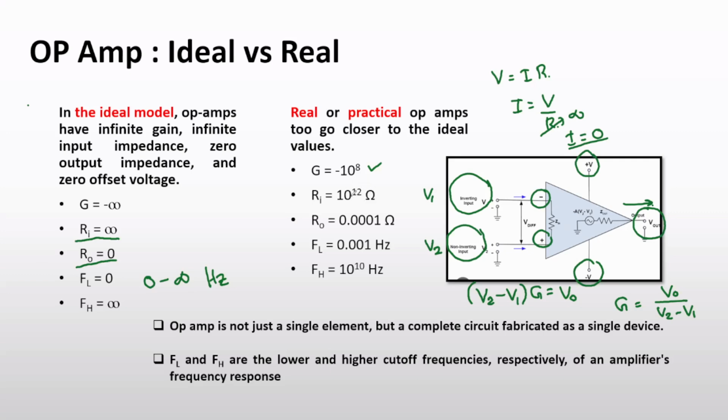But in a practical scenario, it is about 10 to the power 12. And R naught is not 0, it's just slightly higher than 0. And the cutoff frequencies are also not between 0 and infinity like ideal op amps. It's about 0.001 hertz and 10 to the power 10 hertz.